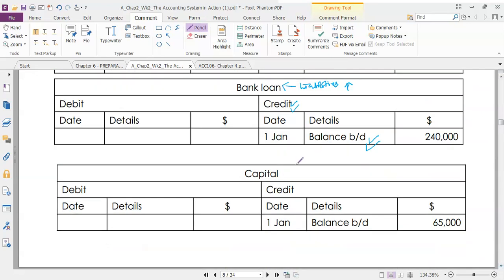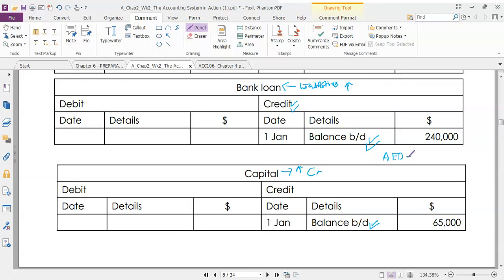Okay. Next is for capital. So for capital, if increase, should we put in credit or debit side? Credit also. Increase in capital, credit. So that's why balance BD we put in credit side 65,000. You must understand my formula. Not my formula, but actually the accounting formula.